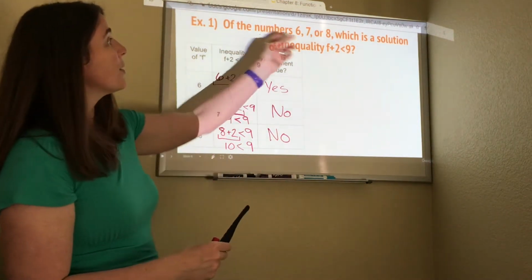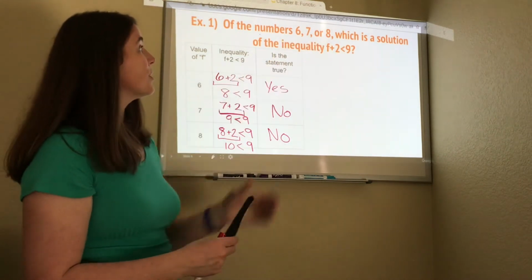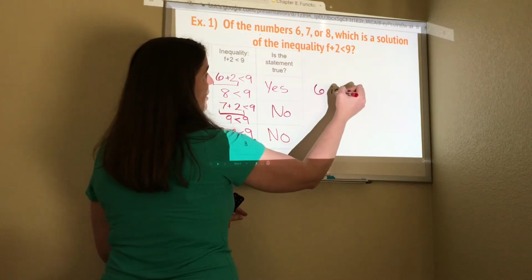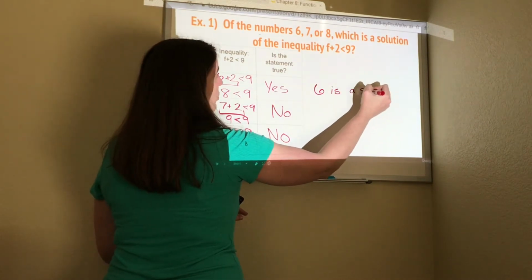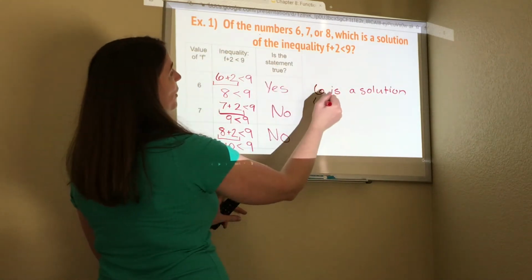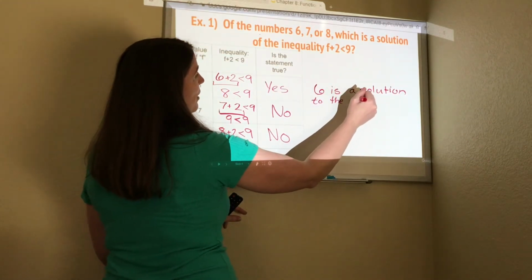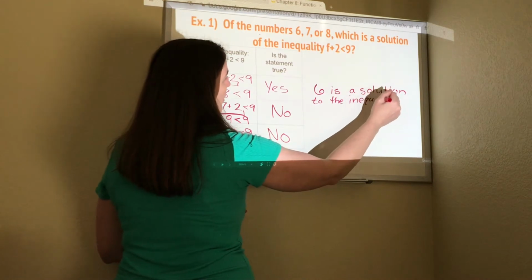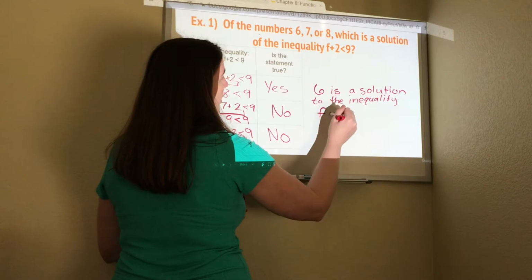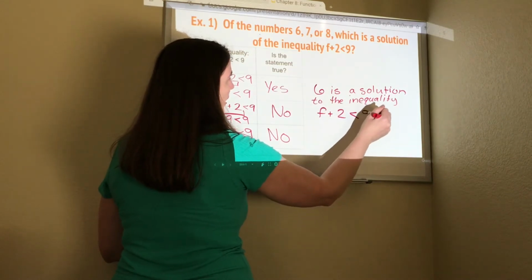So of the numbers 6, 7, or 8, which is the solution to the inequality? 6 is a solution to the inequality f plus 2 is less than 9.